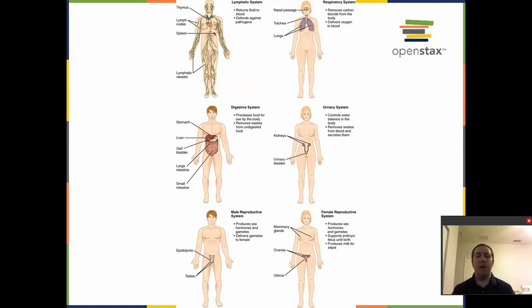And this is where we get to the controversy between 11 and 12 organ systems. Our book considers the male reproductive system separate from the female reproductive system, and other textbooks just group them into the reproductive system. And so our book says they're separate. And so for us this semester, we will consider them to be separate.